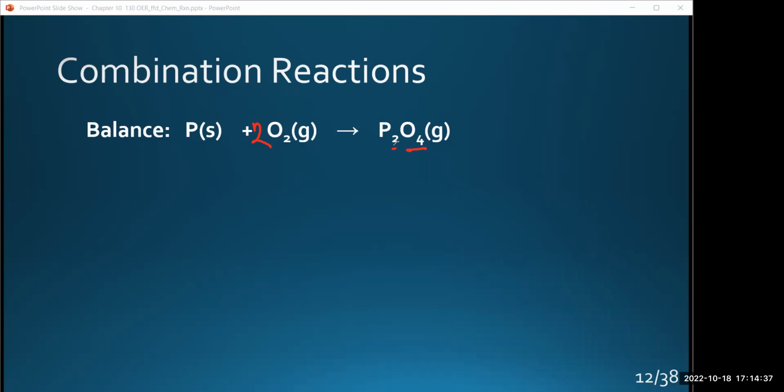And then there's two phosphorus, so we can put a 2 right here. So we've got two phosphorus here, 2 on the right, 2 on the left, 4 oxygens on the left, 4 on the right. So that's our balanced chemical reaction right there. And then note the ratio of reactants to products. Okay, 2 to 2 and 2 to 1 respectively.